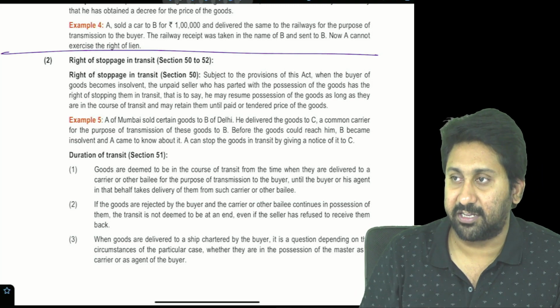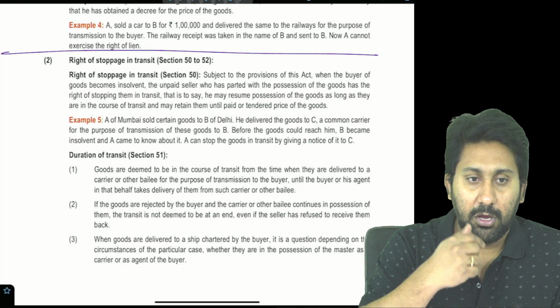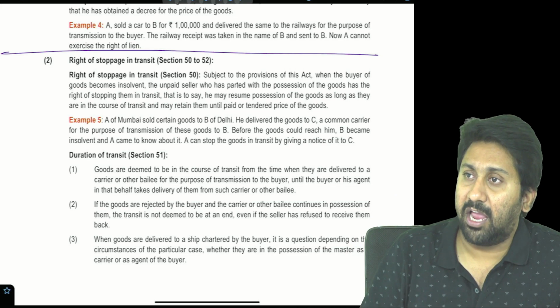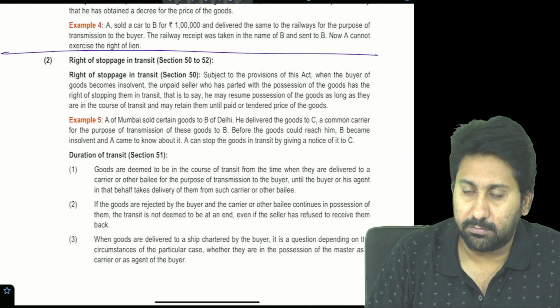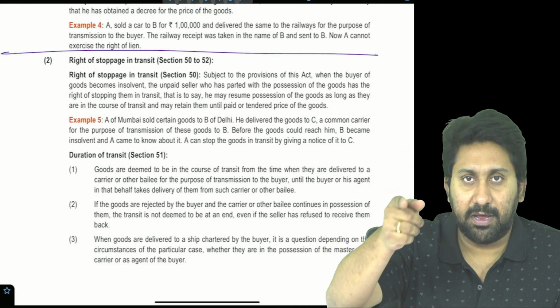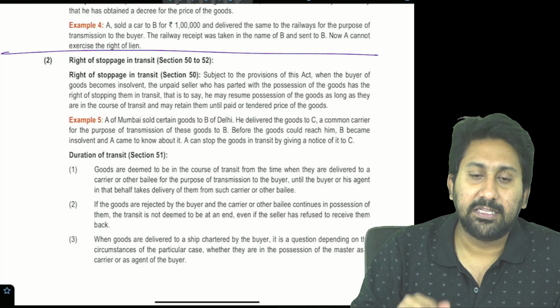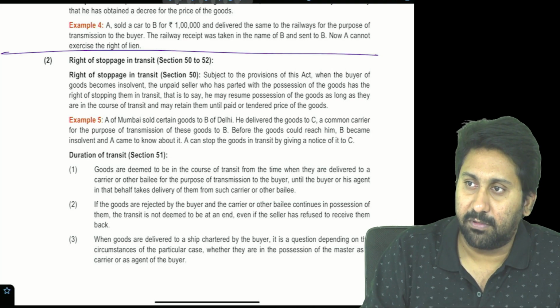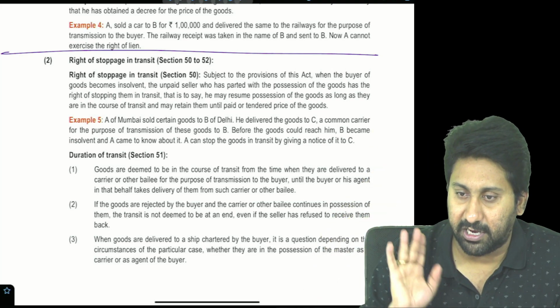Two situations let us take. You are a buyer, I am a seller. I sell the goods to you. Say for example, you are from Hyderabad, I am from Delhi, and I said I will be sending goods from Delhi to Hyderabad.